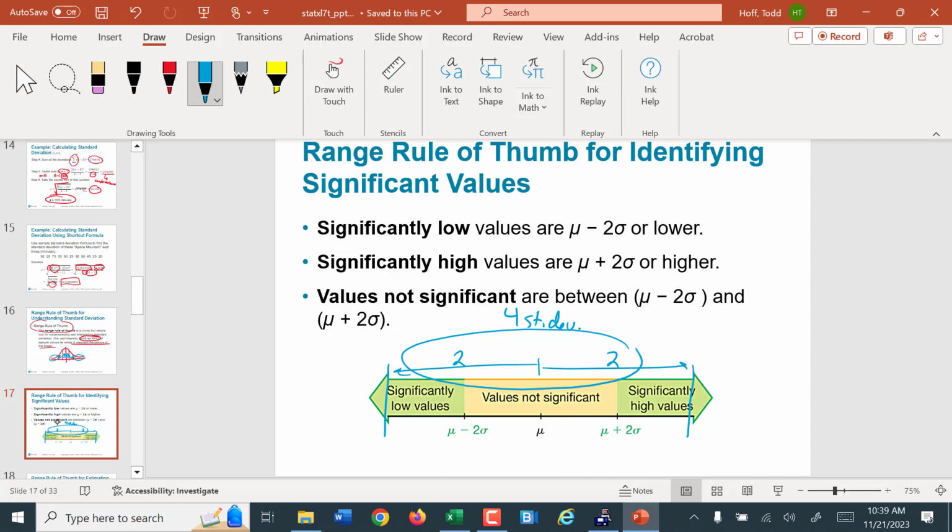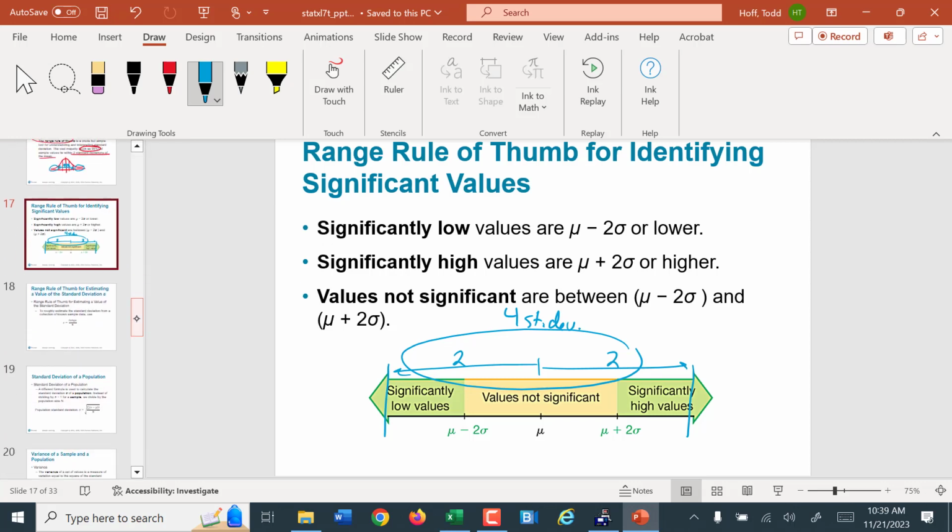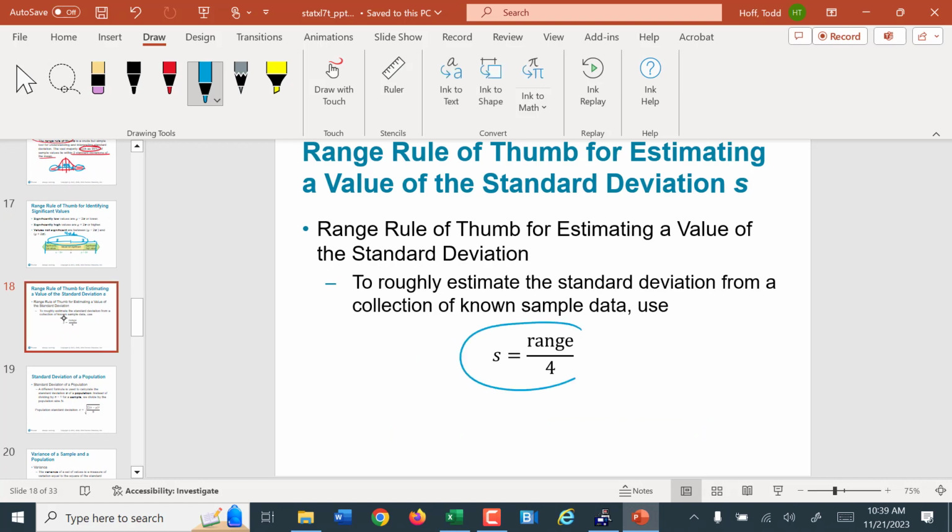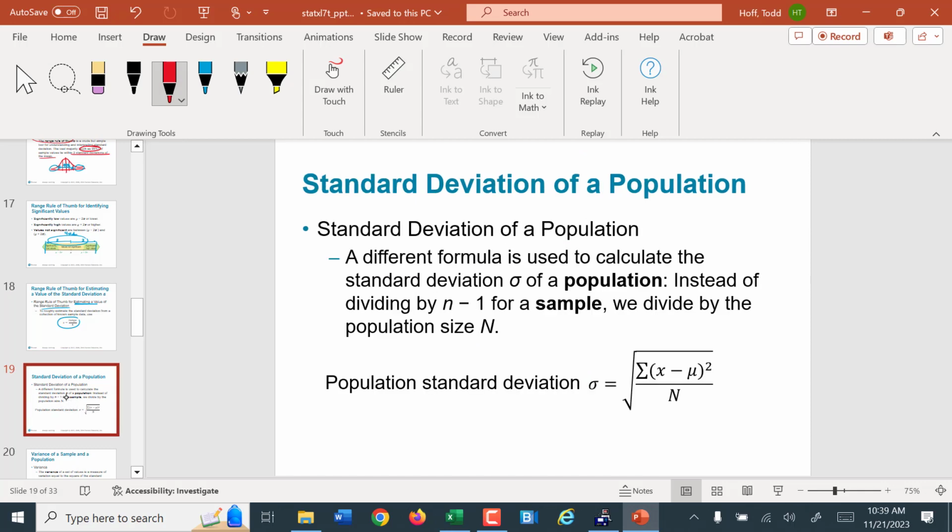So if we simply take the range of the sample, not the range of the population, and divide it by 4, we get an estimate. Notice it says estimating the value of the standard deviation. We'll get an estimate of the standard deviation there.